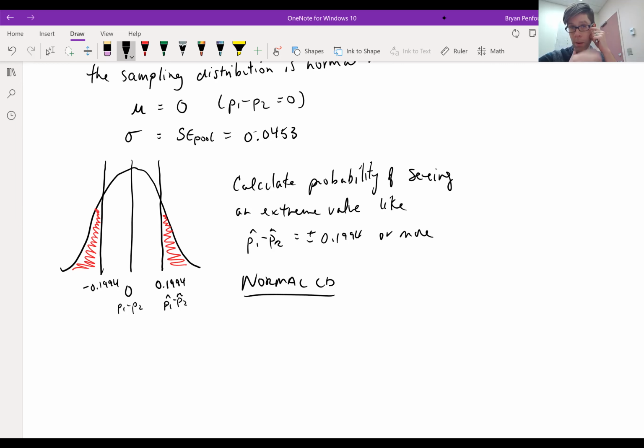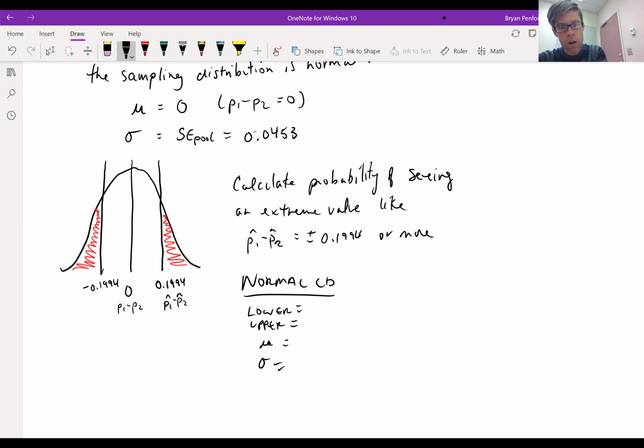When I pull the calculator up, the normal CD function is going to ask us for some information: the lower number, the upper number, the measure of center, and the standard deviation. So it wants 4 pieces of information. We need to interpret this diagram to give it those, and then the calculator will spit back the probability for us.